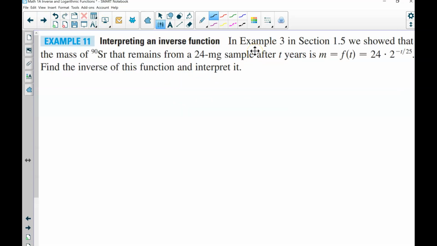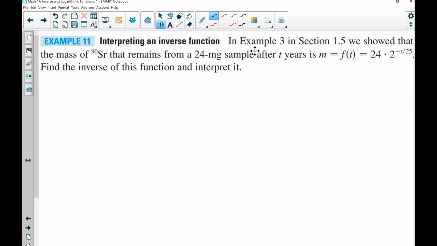Now we want to be able to interpret an inverse function. In example 3 in section 1.5, we showed that the mass of strontium-90 that remains from the 24 milligram sample after t years was defined by the function 24 times 2 to the negative t over 25.